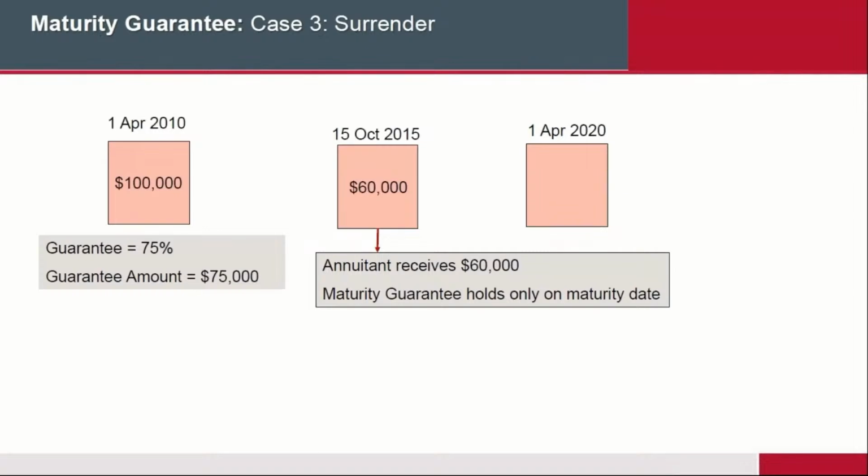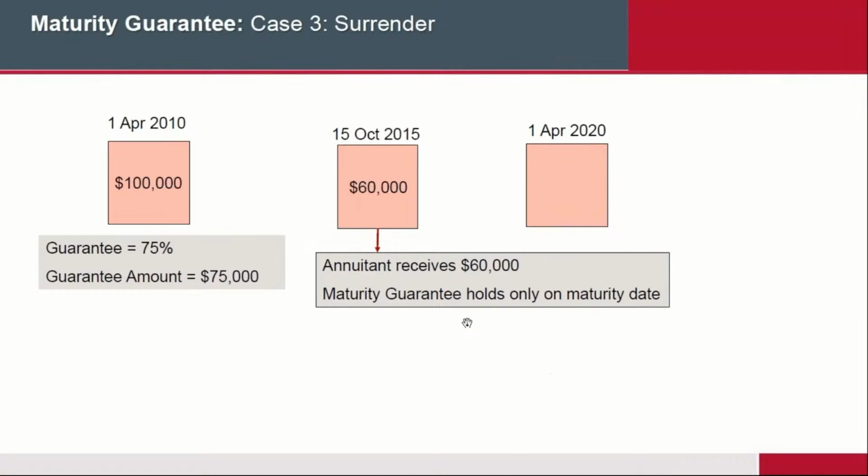Okay. There's also a surrender value. What if you didn't want to wait until 2020? In other words, somewhere in between, so halfway through, you decide, you know what, I'm going to cash it in. In that case, the maturity guarantee does not fit in. Whatever the value is in between that 10 years, so in this example, it was $60,000, then you're going to get $60,000.